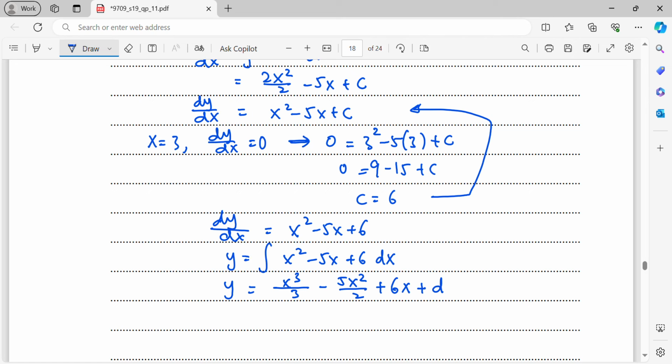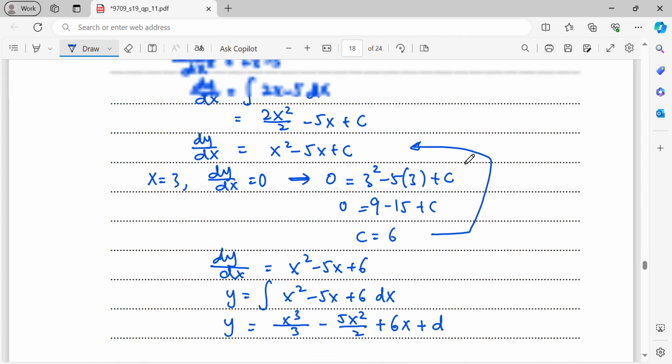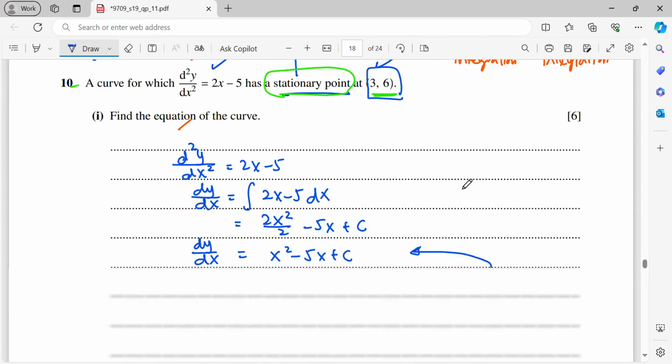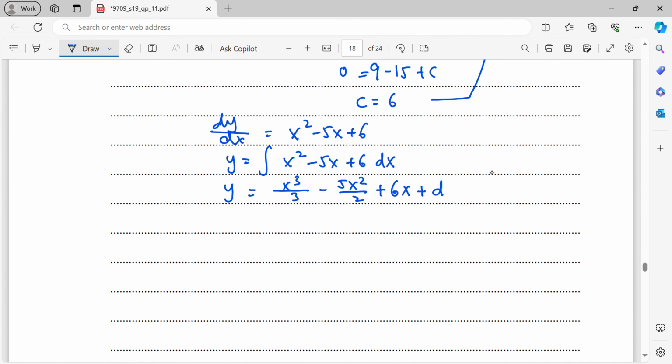Now in this equation, to find d, we need the x and y values. Those are the coordinates of the point (3, 6). That means the x is 3 and the y is 6.